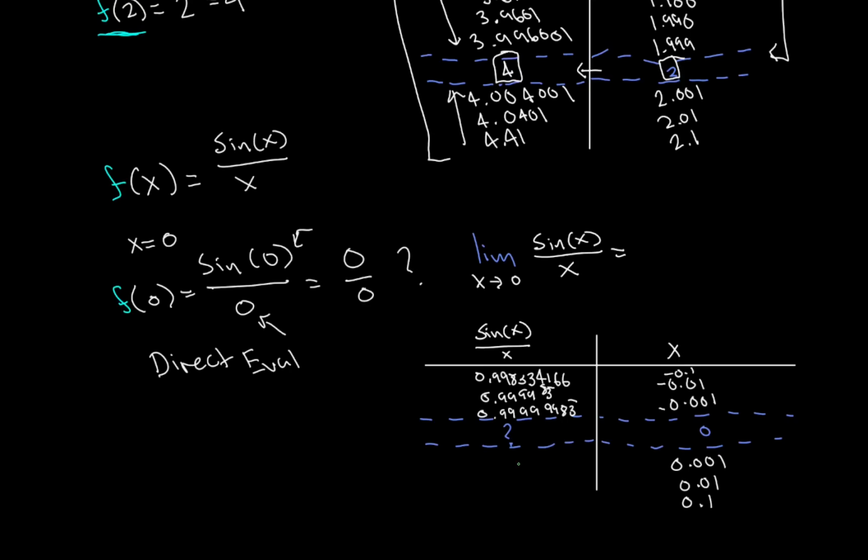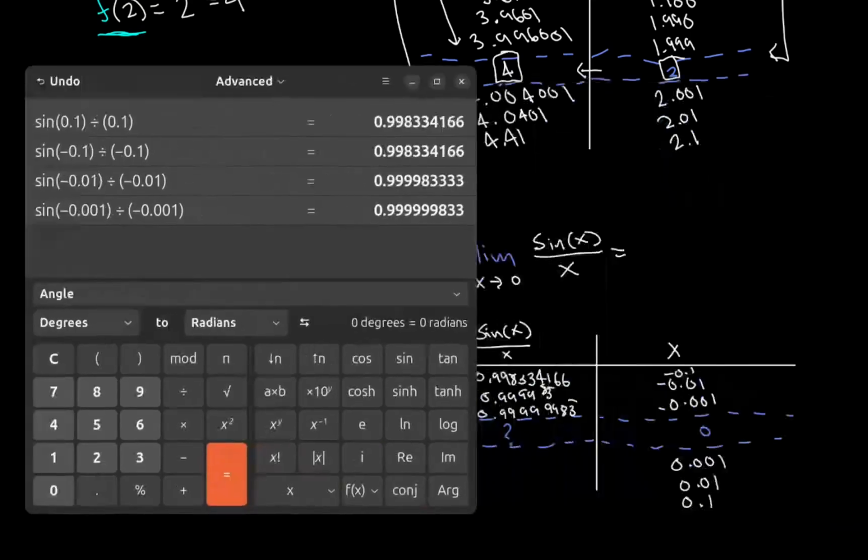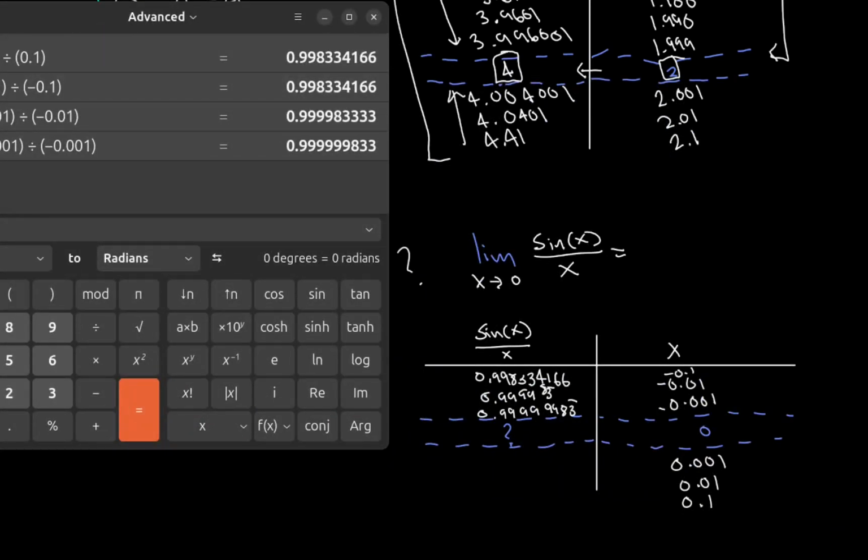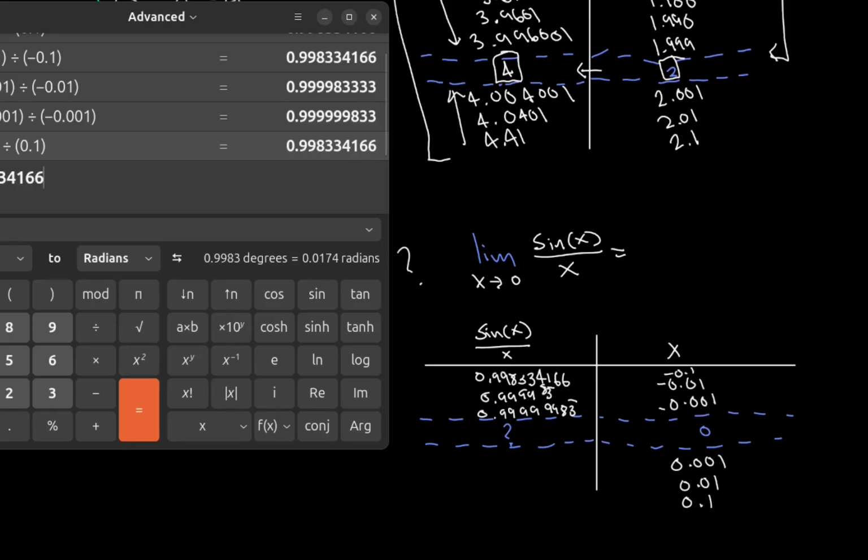Now let's do the same thing for the other side of the table. We have sine of 0.1 divided by 0.1. We get 0.99833 4166. And then if we add more zeros in here, we get 0.9998333.